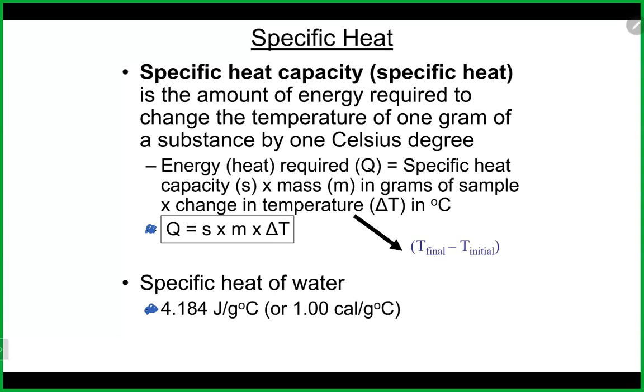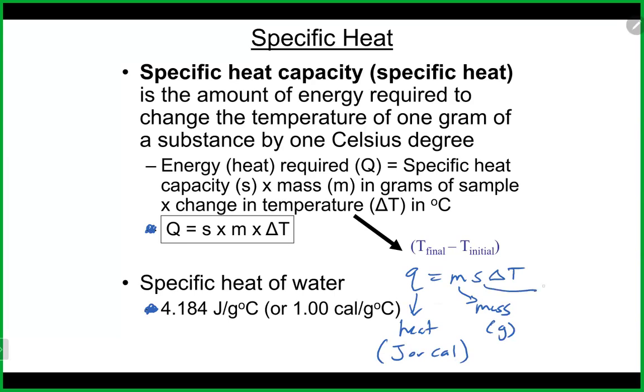There is a formula for specific heat, which is Q equals m s delta T. Q is our energy, our heat, usually in units of joules or calories. M is mass, usually in grams. S is the specific heat capacity.